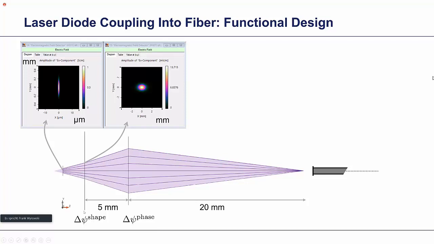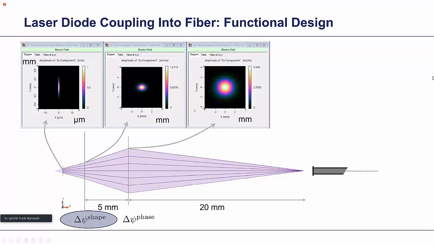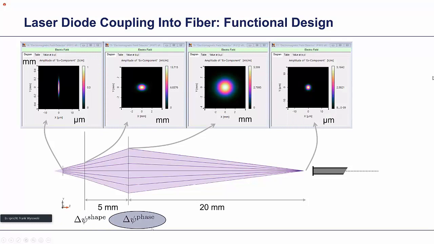So we need a shaping phase here. Let's design it. I will come back to how we do that. Then we get in this plane a perfect Gaussian profile, but of course the wrong phase. Then we control the phase, and we get a perfect focus and a coupling efficiency of 99%.